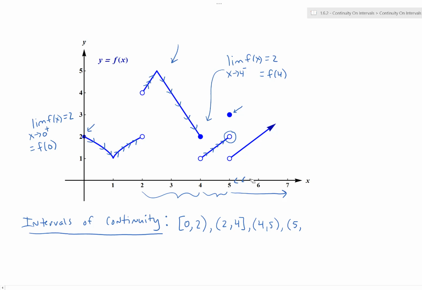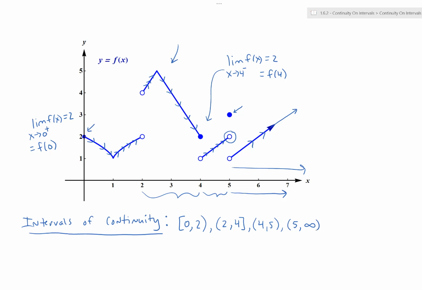But then as we continue on in the x direction, of course, this arrow here indicates that it just continues to behave this way forever. I can just keep going as large as I want in the positive x direction, and this function is going to just keep behaving like this line, right? And of course, that's also saying that it will be continuous forever on after that, because the value of the function is always going to be equal to the limit of the function for all values of x bigger than 5. And hence, our last interval of continuity would be the open interval from 5 to infinity.